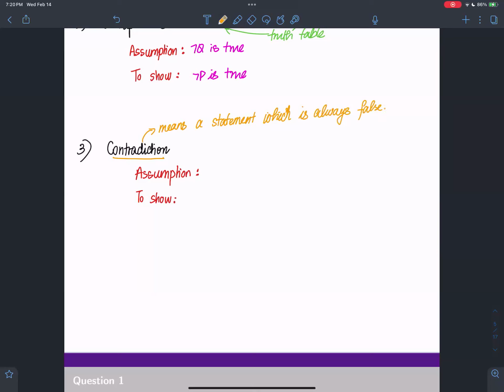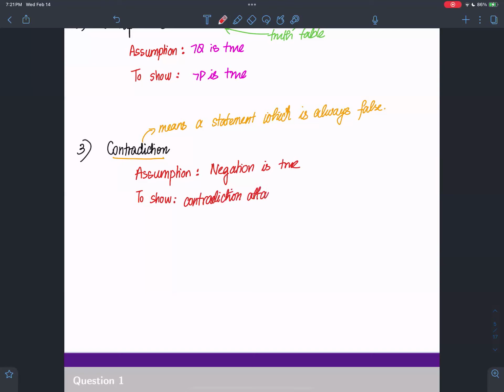So basically, the concept behind a contradiction proof is that the assumption is the negation is true, and I'll talk about that in a second, and we'll show a contradiction is attained.